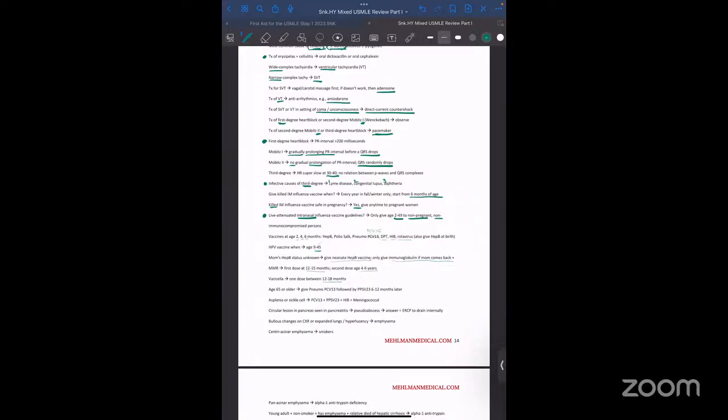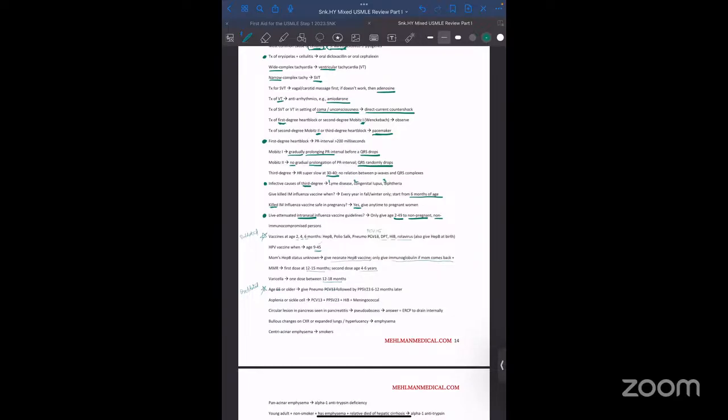Age 65 or older. This is updated now. The age is also reduced. I think we give PCV 15, followed by PPSV 23, 6 to 12 months later. If we give PCV 20, then we don't need to follow it up with anything else.